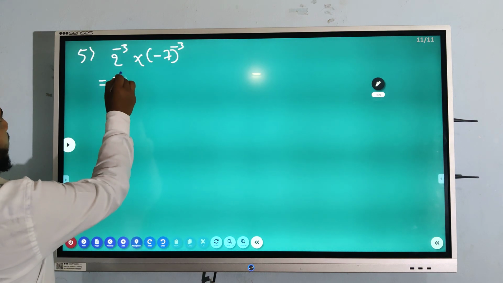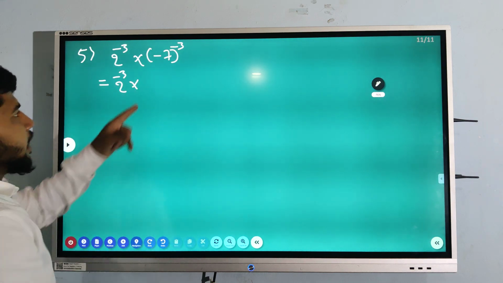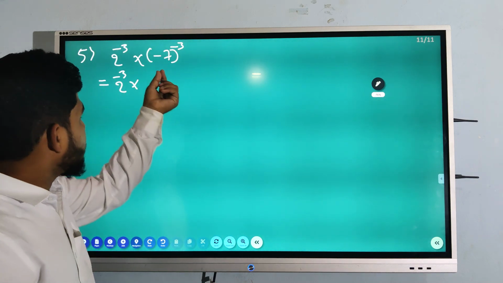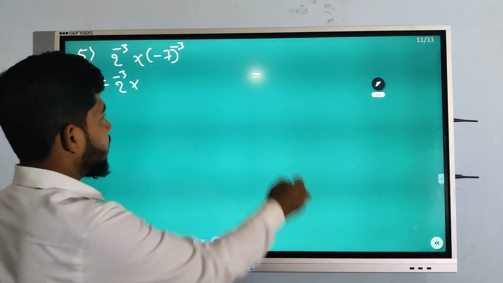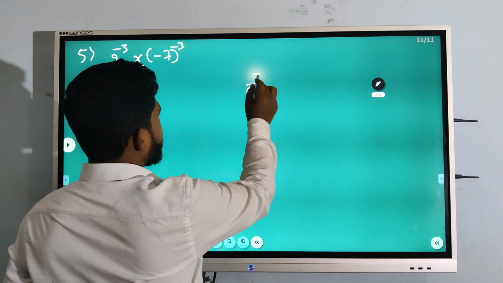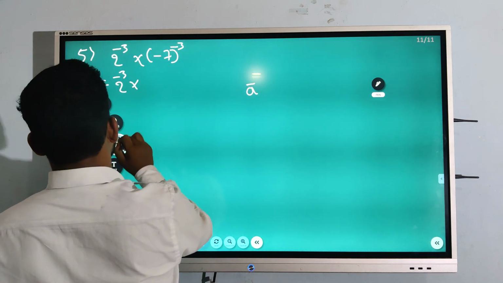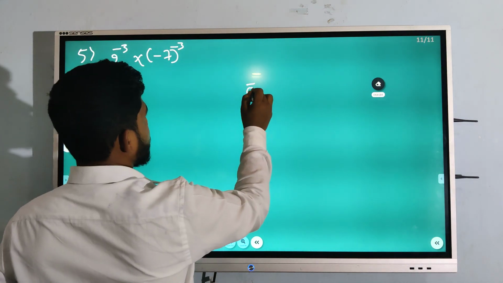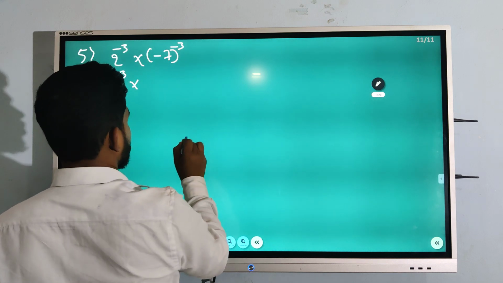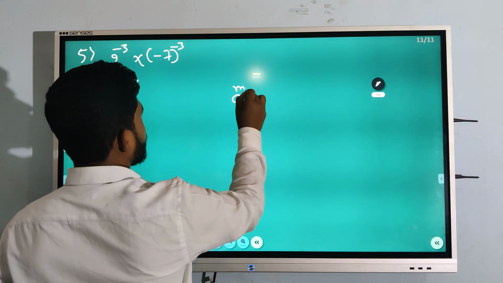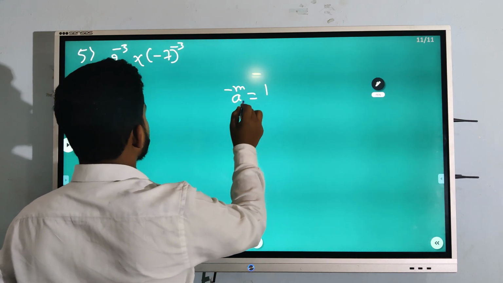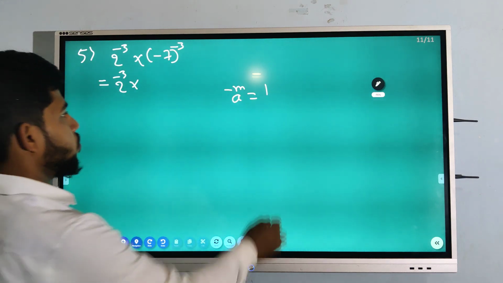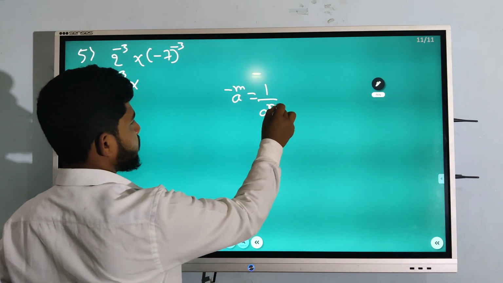Here also we can understand that it is in the form of a raised to minus m is equal to 1 by a raised to m.